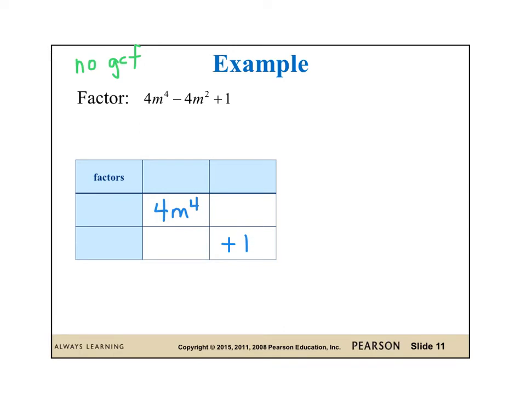M to the 4th is equal to m squared times m squared. And so we know there's going to be an m squared in both of these. And we know that that has to be because there's an m squared in the middle term. And so what we need now is the product of the first and the last numerical factors, and that would be 4 times 1.